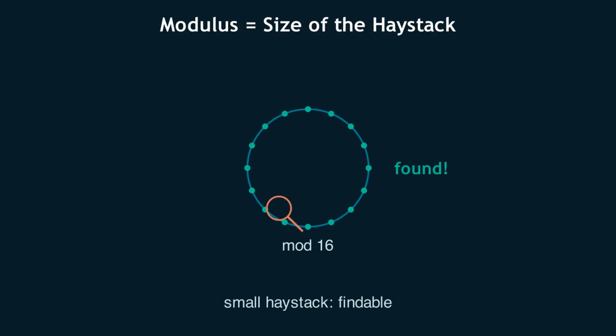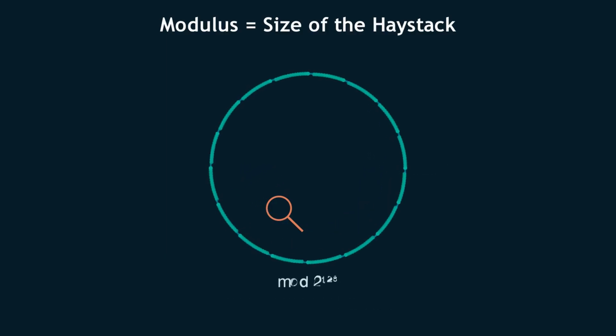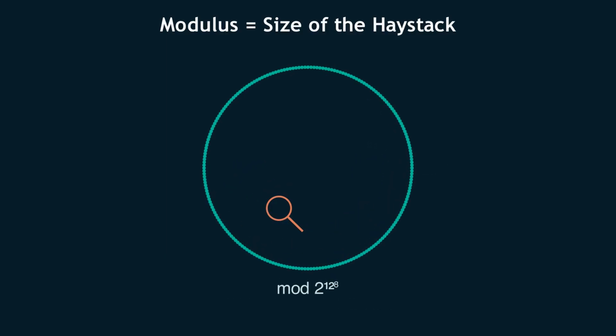This also gives you a cleaner way to understand key sizes. The modulus defines the size of a circle, the space of all possible values. A bigger modulus means a vastly bigger space for a secret to hide in, and brute force means walking that entire space. Let's say a key must be a certain number of bits.